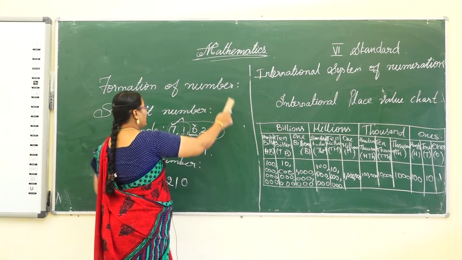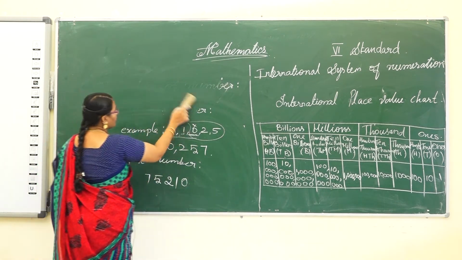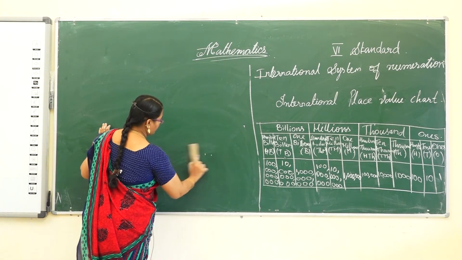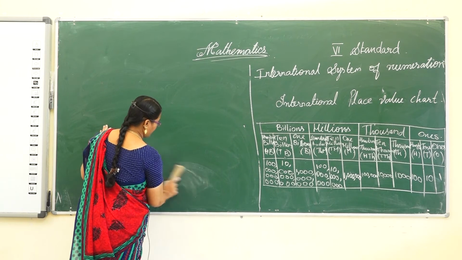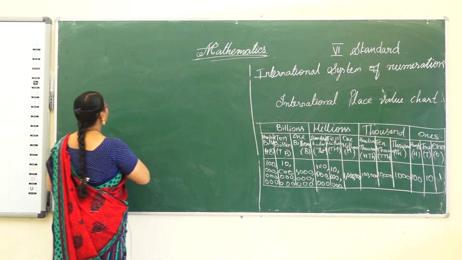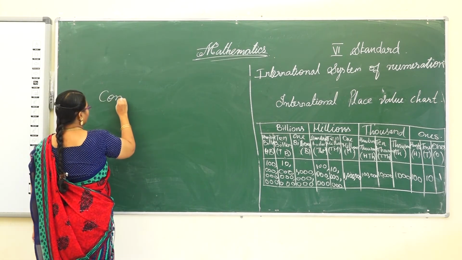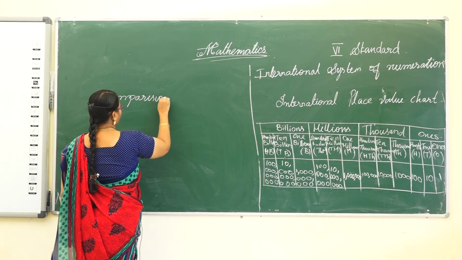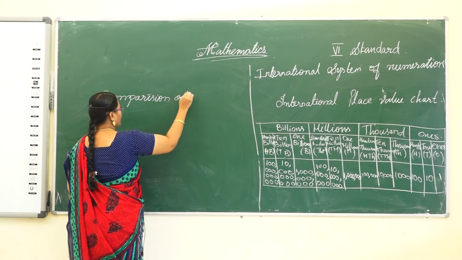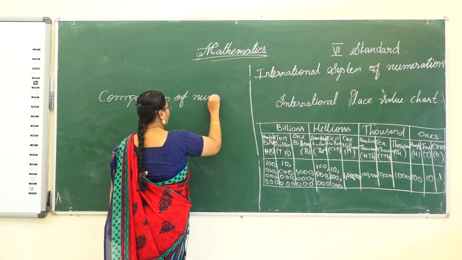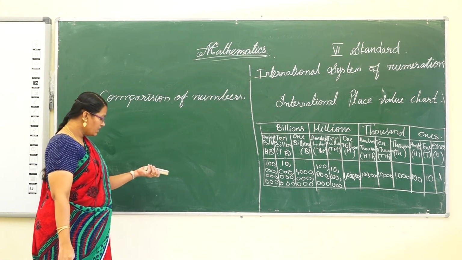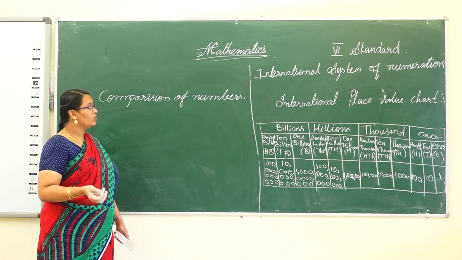Next, comparison of numbers. Comparison of numbers means finding which one is greatest or smallest.